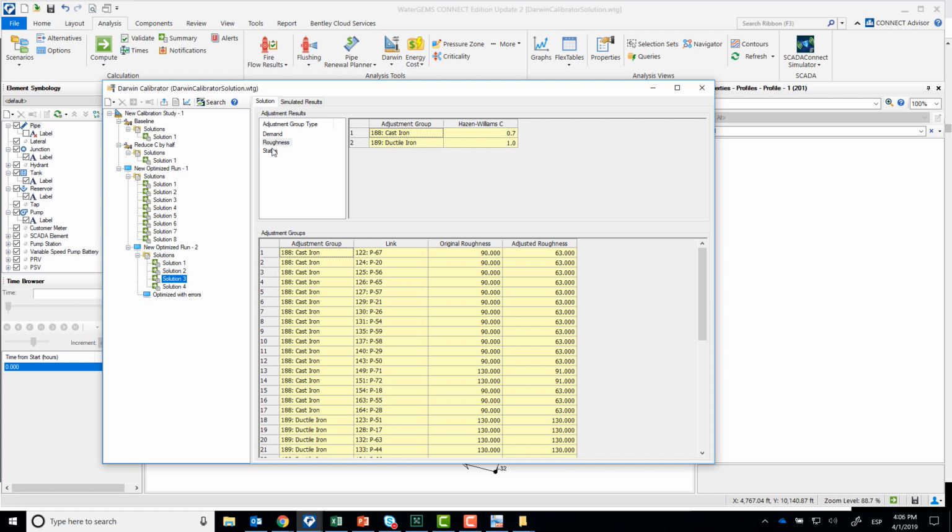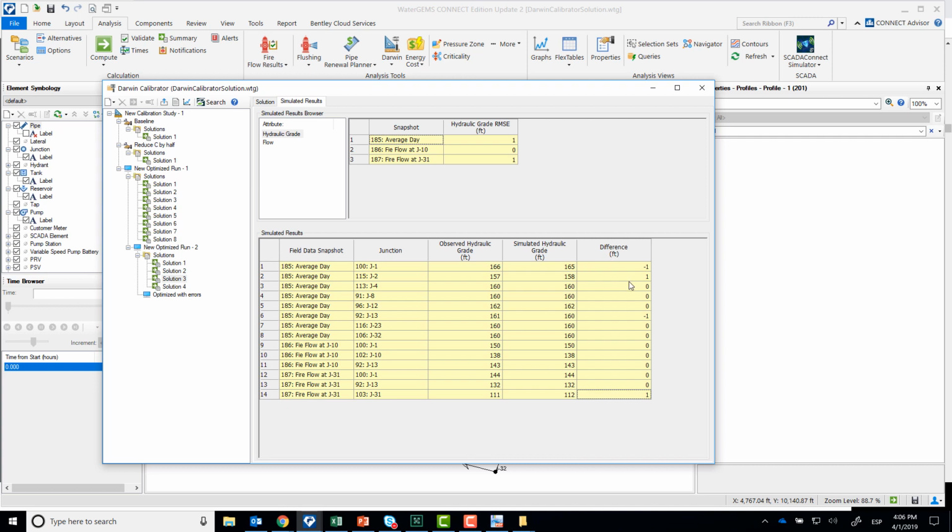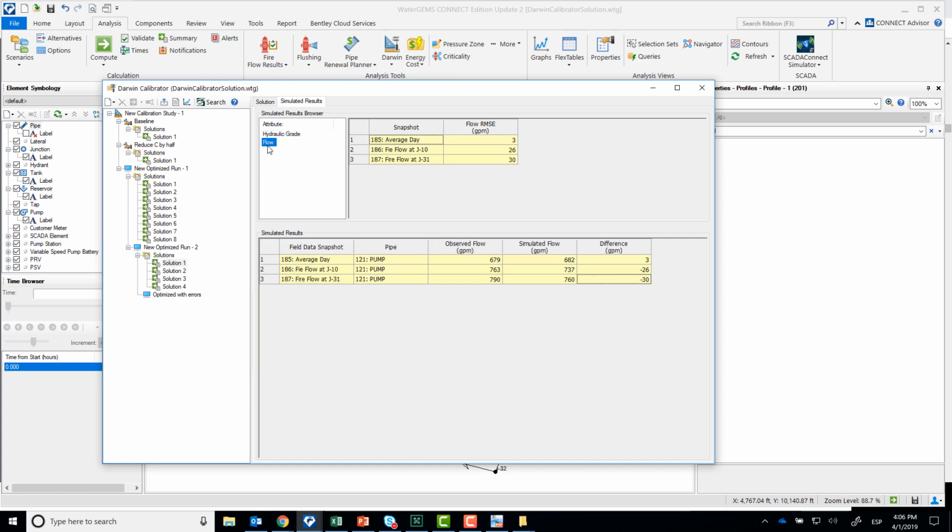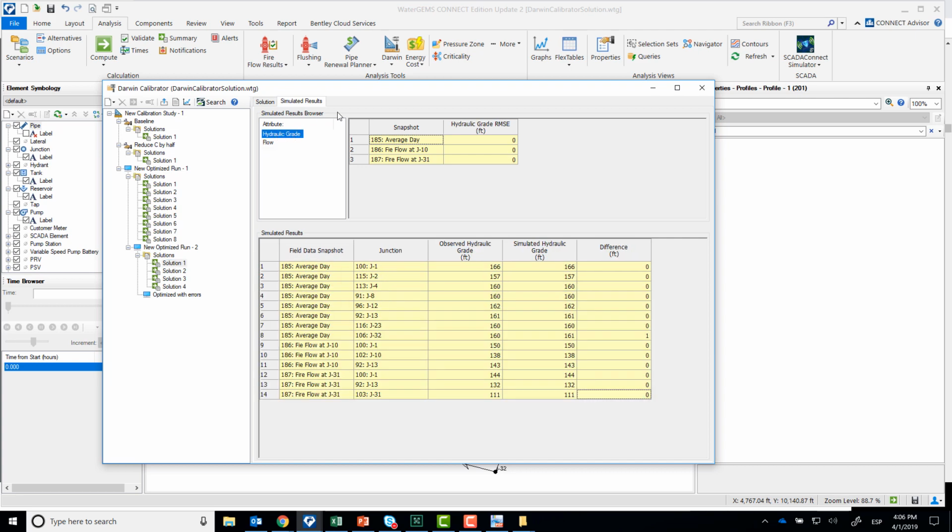And if you look at the simulated results, you can see that the difference is almost 0. So it basically narrowed it down pretty close to the observed data. So our model is pretty close, matching all those pressures.